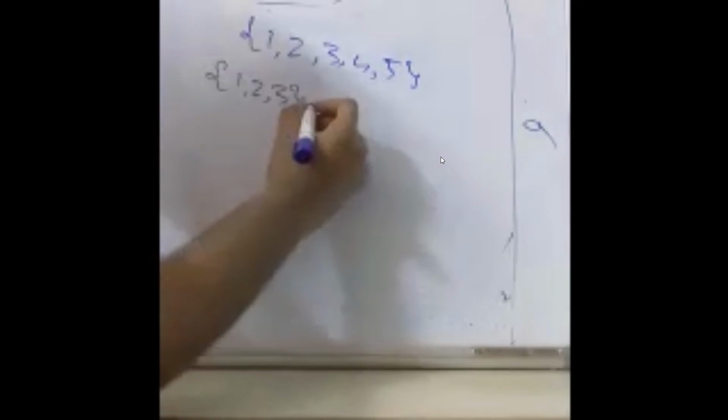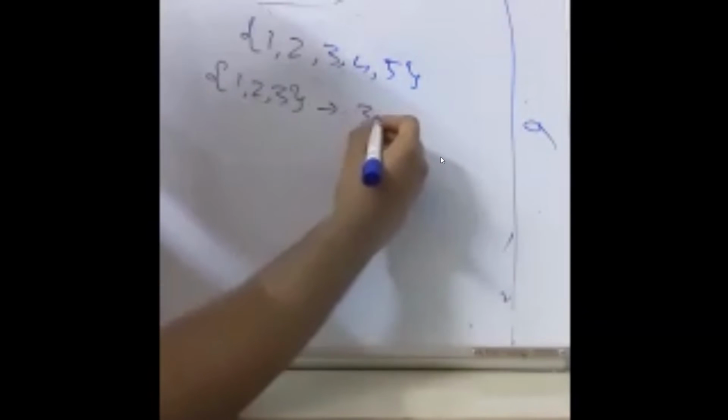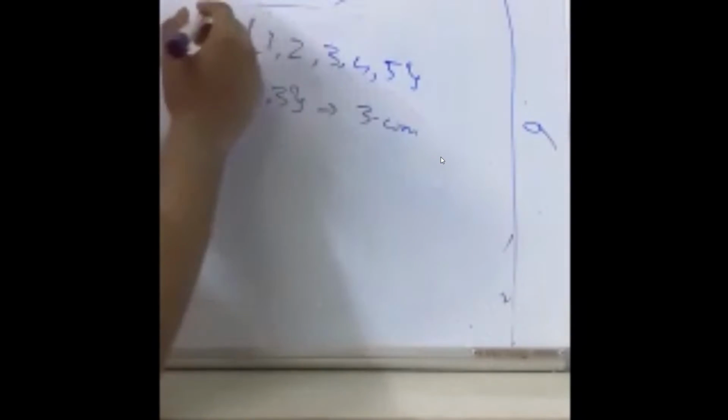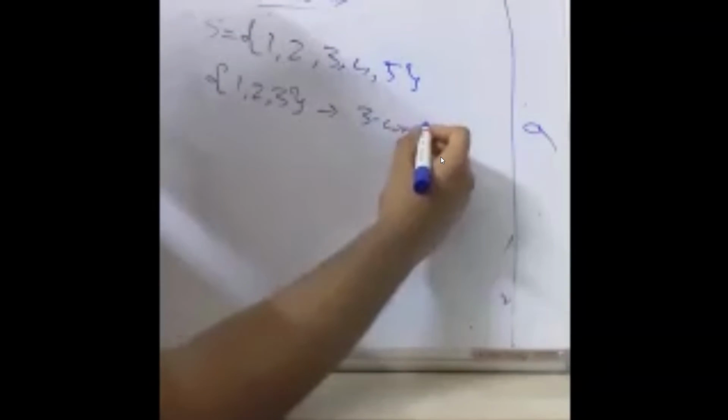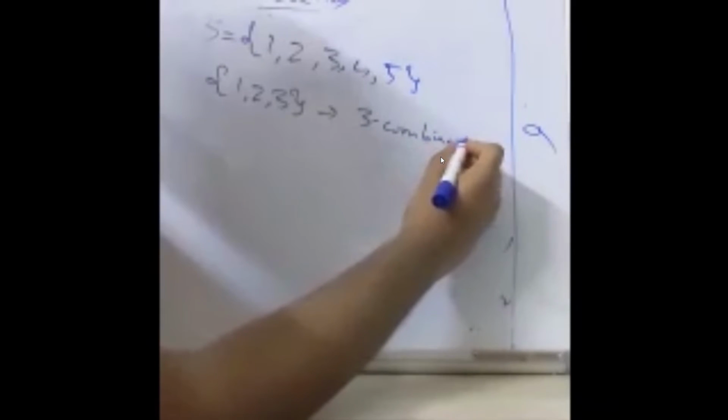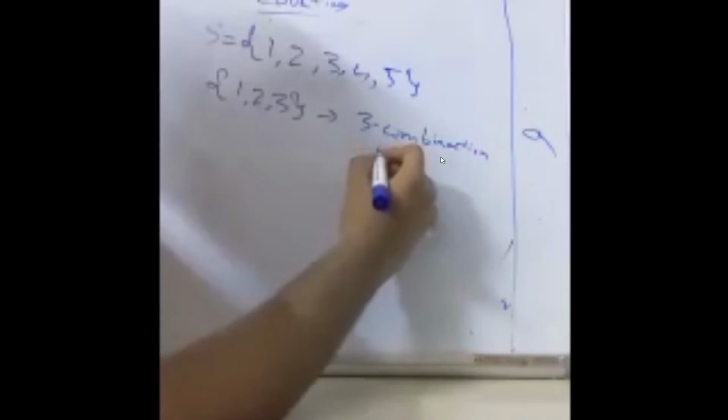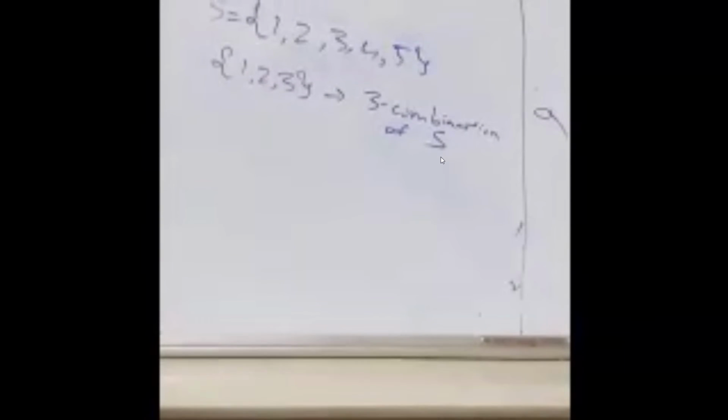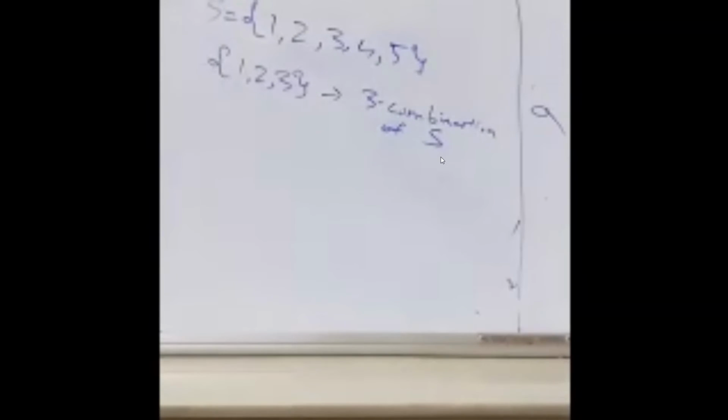You could say that 1, 2, 3 is a 3 combination of the set A. So 3 combination refers to the fact that we have 3 elements in this set. If you chose 1, 2, 3, 4, it would be a 4 combination of A.